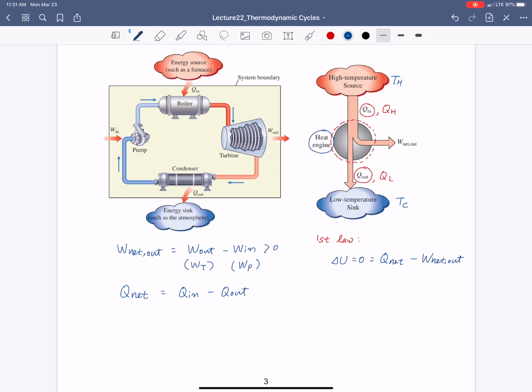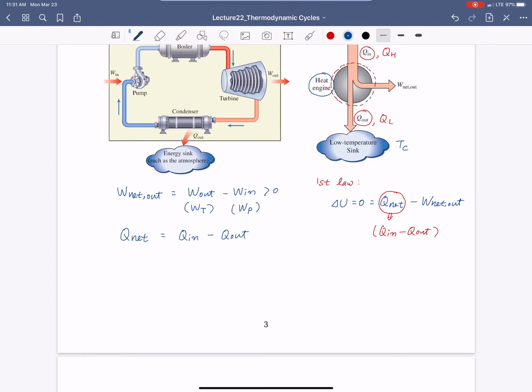Okay. Now, from the heat engine perspective, this net heat in can again be written as Q in minus Q out. So what I can write as a conclusion is that the net work output from the thermodynamic cycle, or heat engine cycle, should be balanced as Q in minus Q out, right?